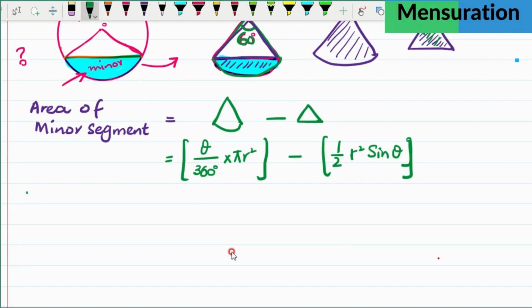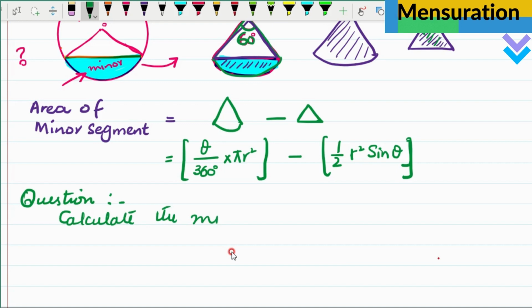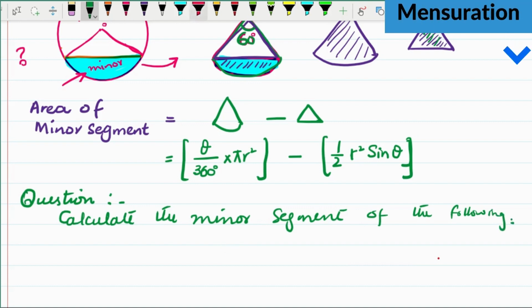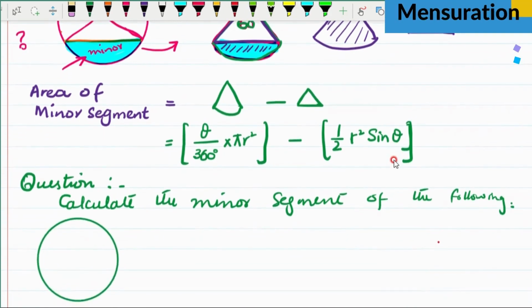Let's have an example to solve a question. The question says, we need to calculate the minor segment of the following. And here a shape will be given, so let me draw a shape also. There is a shape.